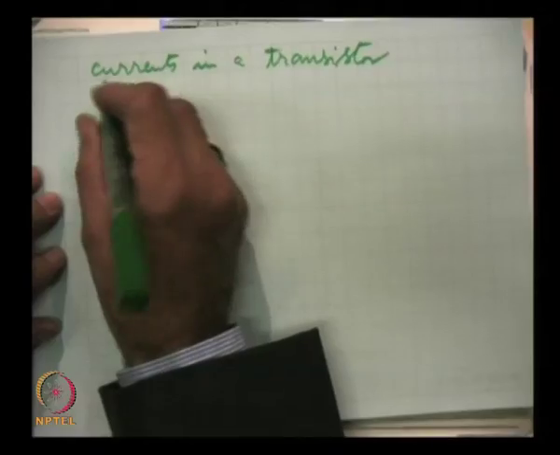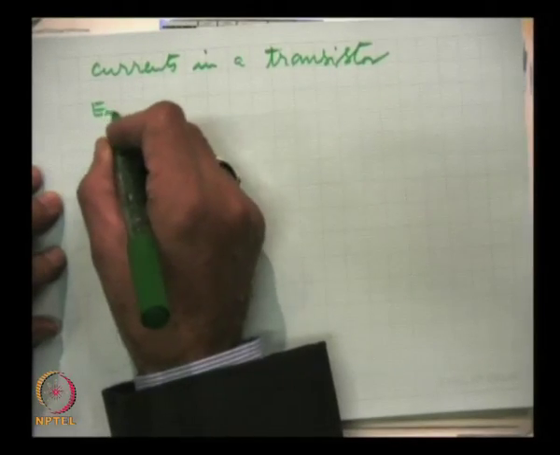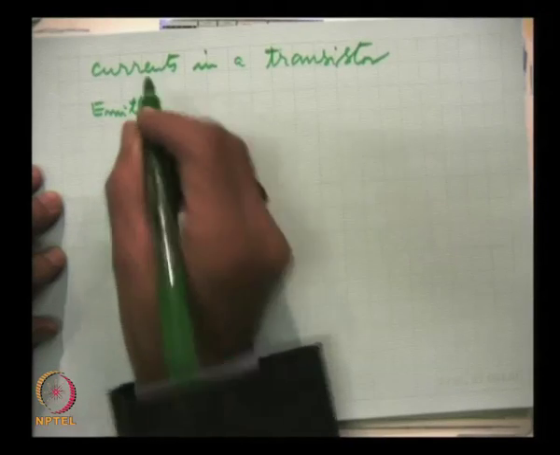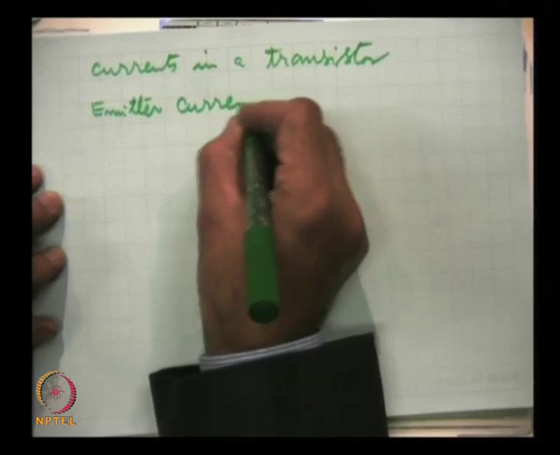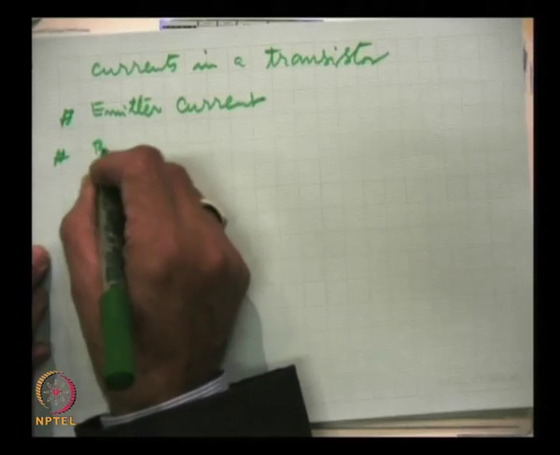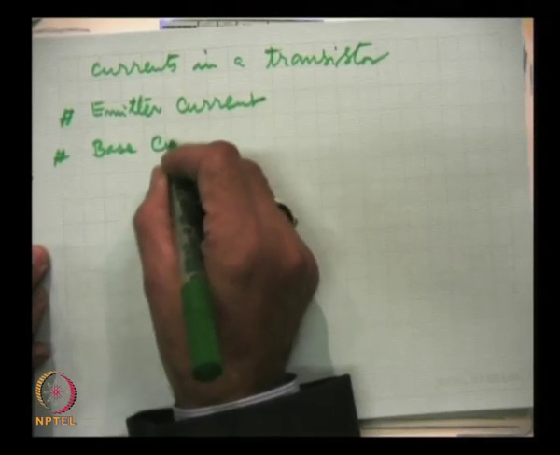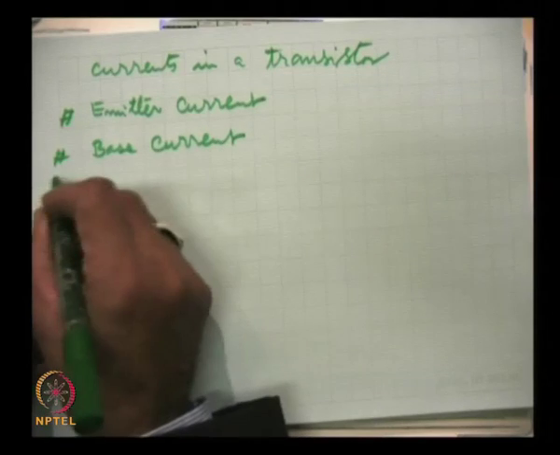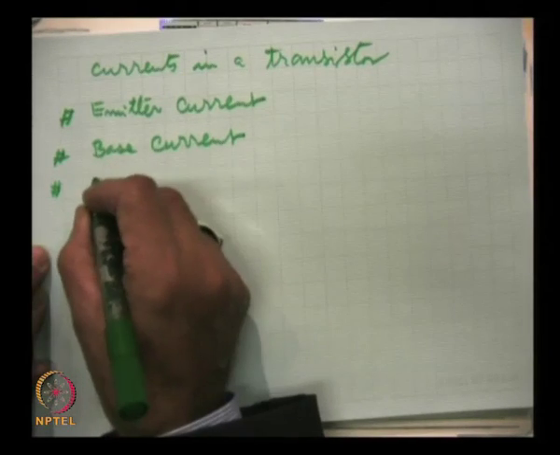First we talk about the emitter current. There are three currents: emitter current, base current, and collector current.